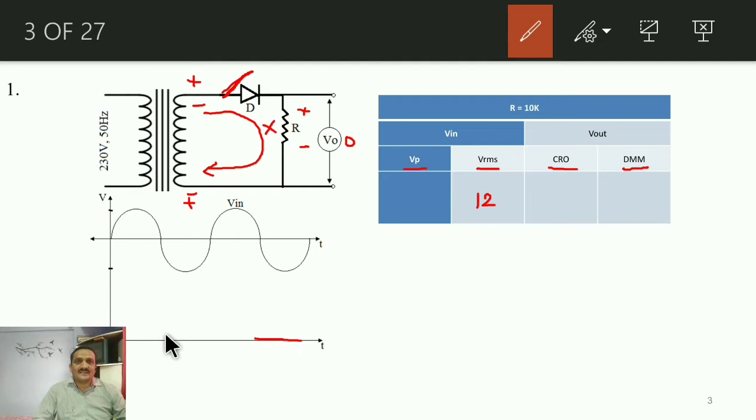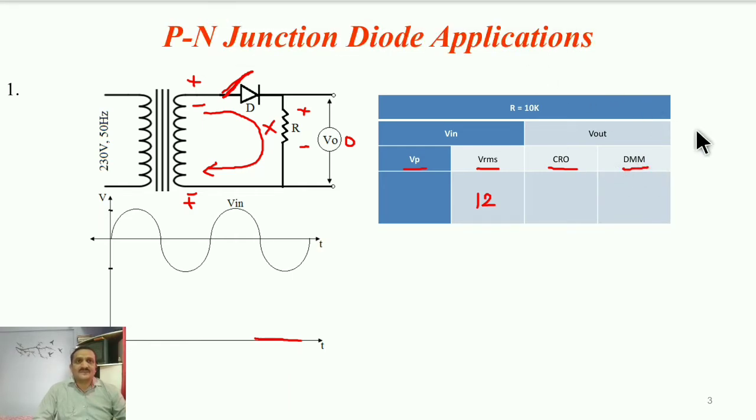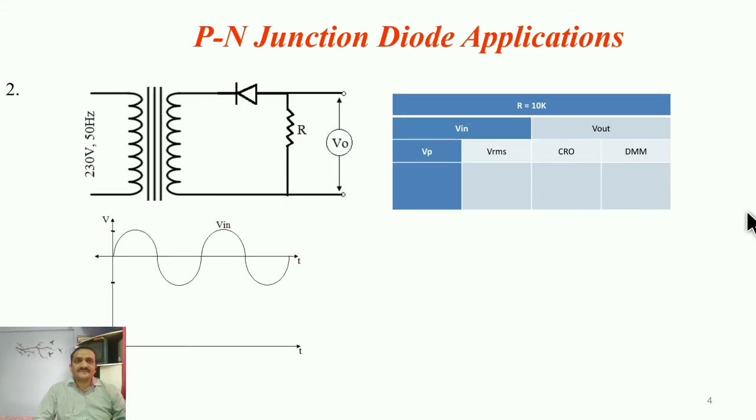Whenever you studied the half wave rectifier, you might have derived the average load voltage as Vm by pi, that is, VLDC equals Vm by pi. So once you calculate the value of Vp and divide by pi, that will be the voltage measured by this DMM. It will be the same. So just go through this in detail.